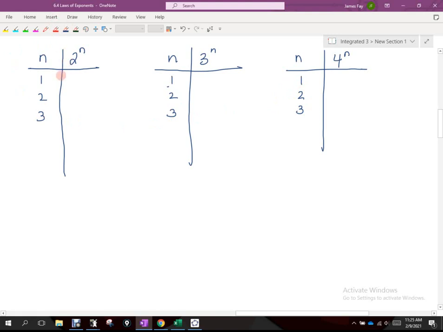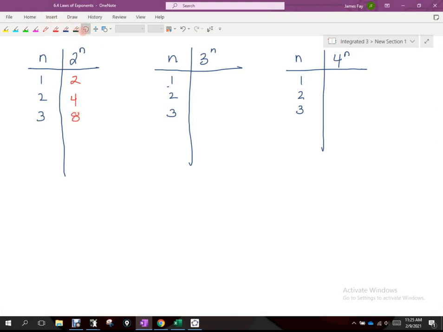All right, so I'm going to create a chart here, okay? And all I'm asking, what is 2 to the nth when n is 1? So what is 2 to the 1st power? 2. And now I'm going to ask, okay, what if the exponent is 2? What's 2 squared? 4. What is 2 cubed?